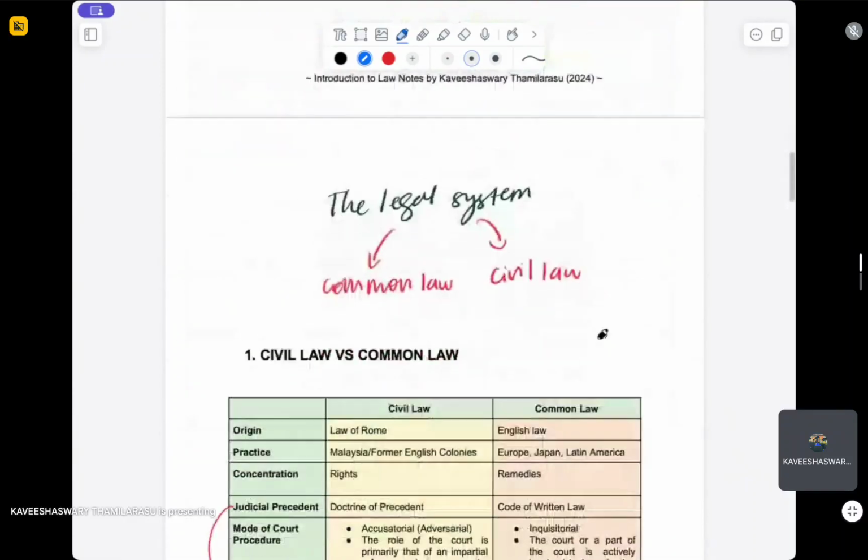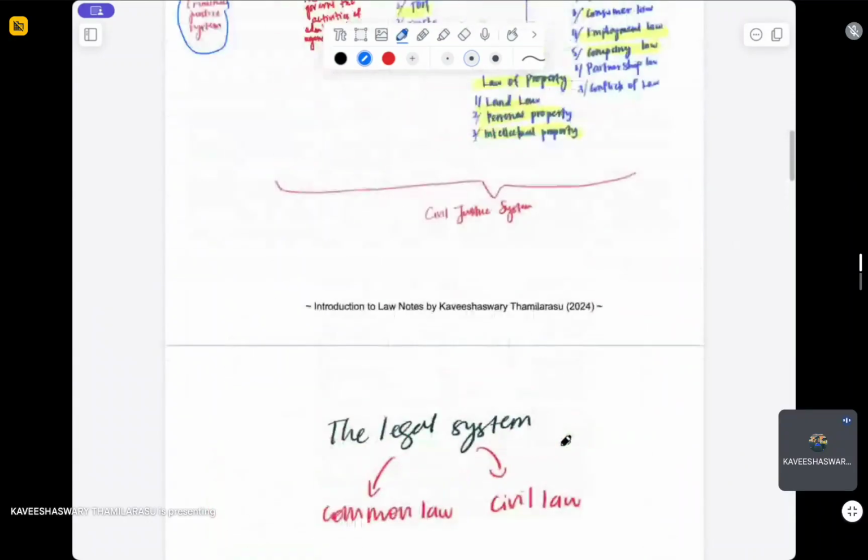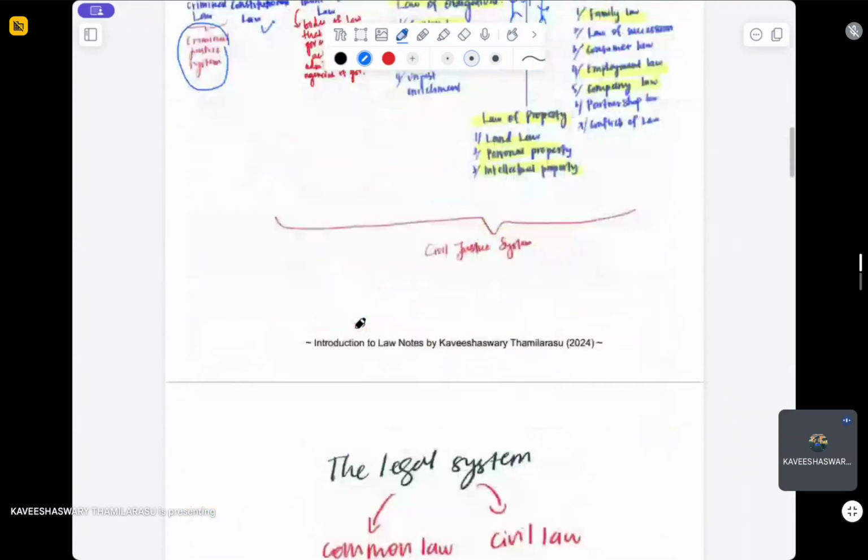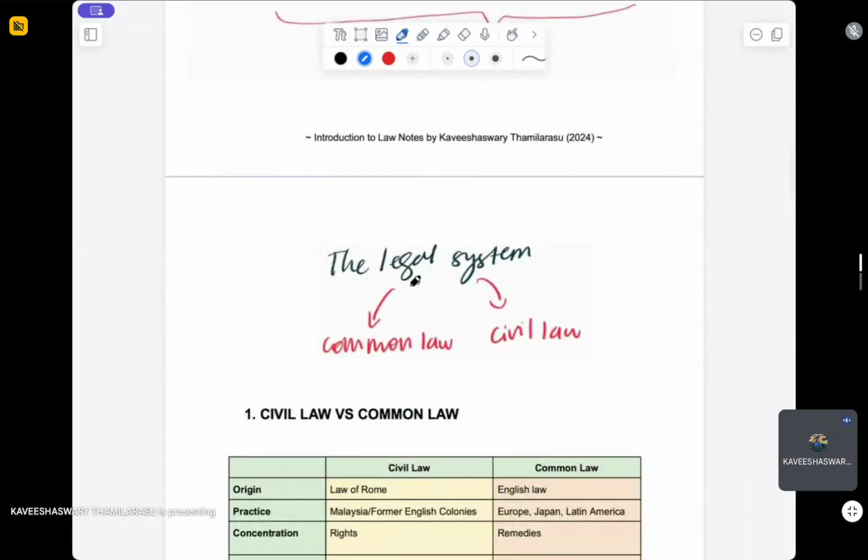Okay, and then we are moving into the first checklist, which is common law and civil law. Why do I have this? Basically, the legal system we face now, whether in Malaysia, in some European country, in America or in Australia, is mostly derived from these two things, common law and civil law.